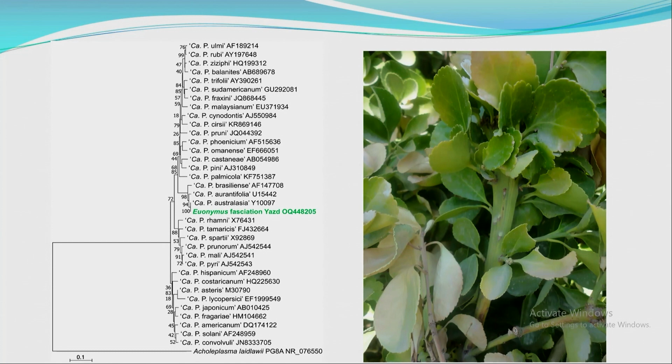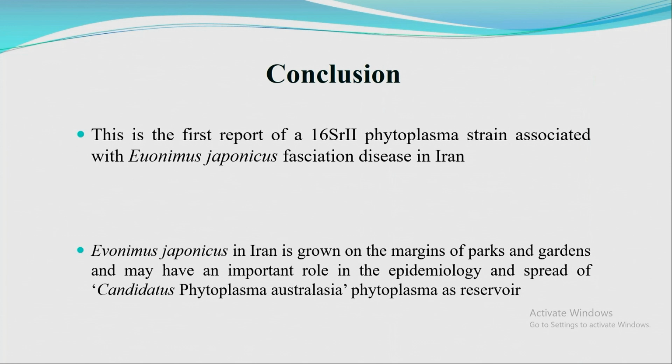These are the symptoms of fasciation or flat limb in Euonymus japonicus, and the phylogenetic tree shows that the Euonymus japonicus fasciation in Yazd belongs to the peanut witches' broom group. This is the first report of phytoplasma associated with flat limb of Euonymus japonicus in Iran.